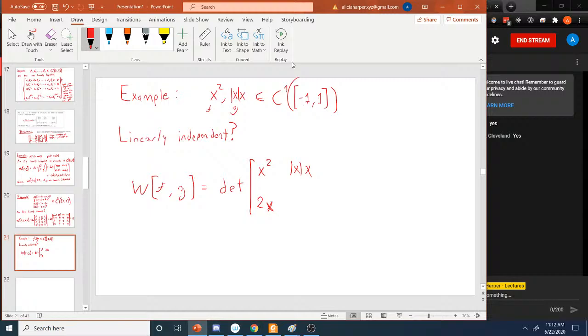And the derivative of this, because this function is slightly complicated, it just turns out to be 2 times the absolute value of x. So you can put that here.